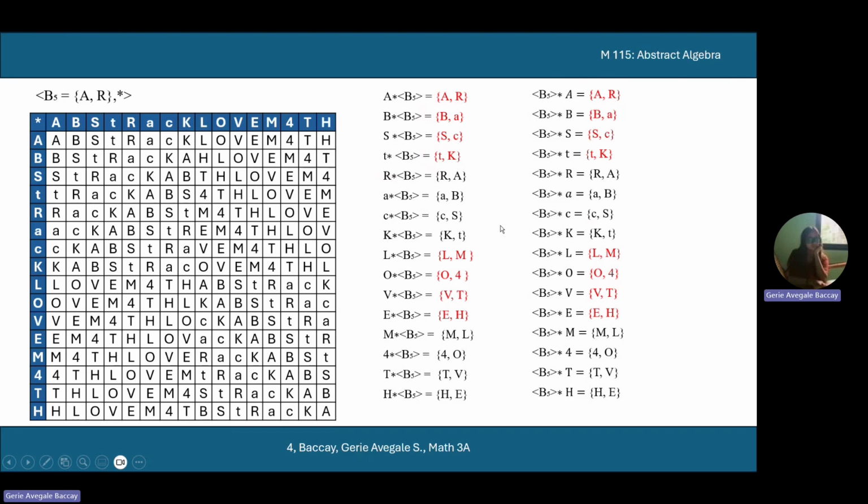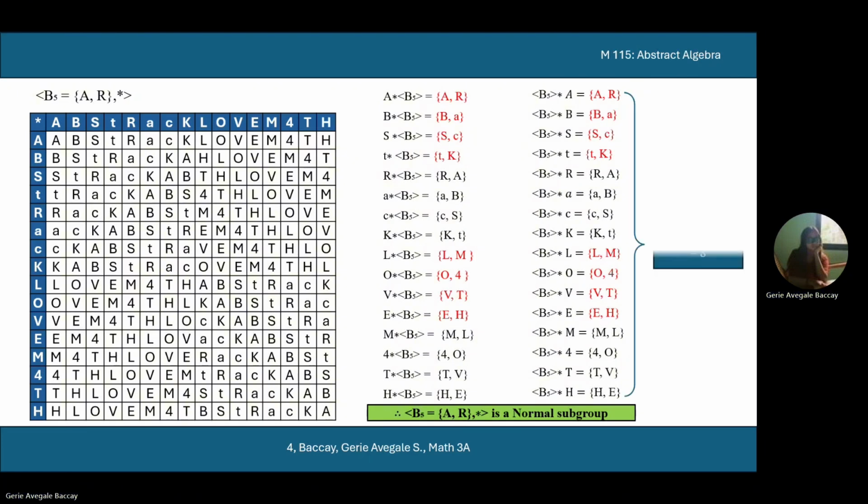And so the subgroup B sub 5, having elements A and R, is a normal subgroup. Now, the index of a subgroup tells us how many cosets it forms in the group. It's calculated by dividing the order of the group by the order of the subgroup. So for B sub 5, we have 8 cosets.